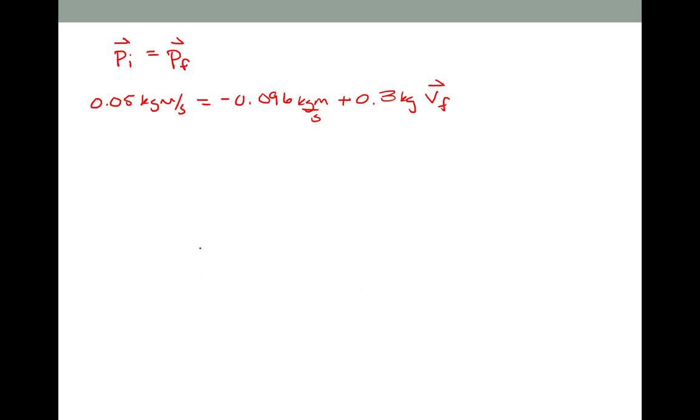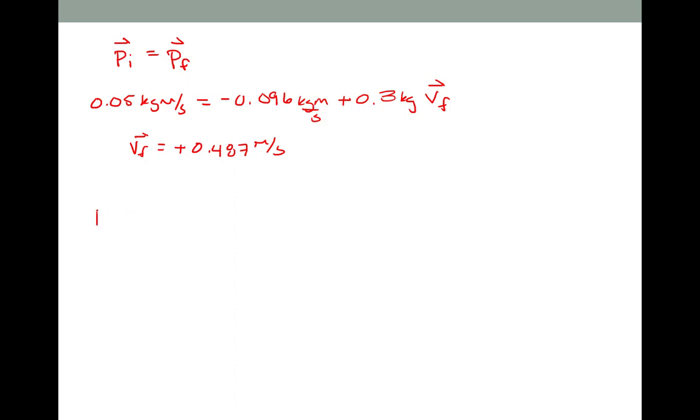Solving for V final, we find that V final is a positive 0.487 meters per second. So the final velocities are almost equal and opposite in this case.